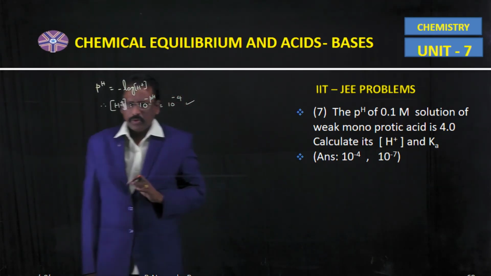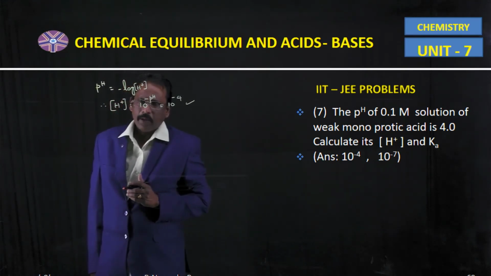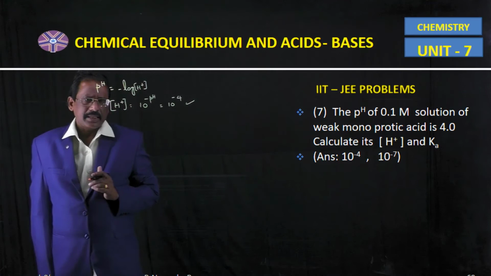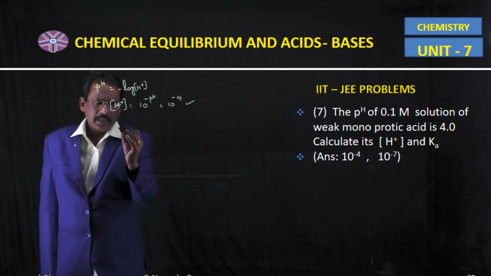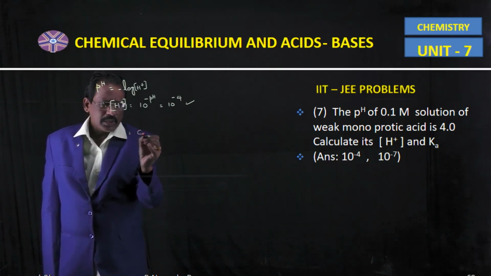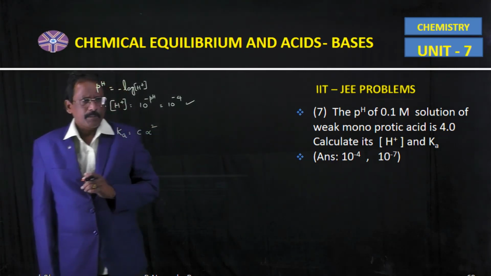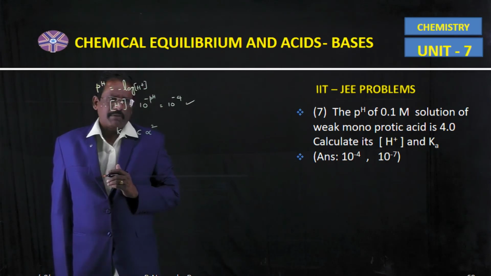Now calculate Ka value. In the dissociation of weak acid according to law of chemical equilibrium, Ka is equal to C into alpha square.